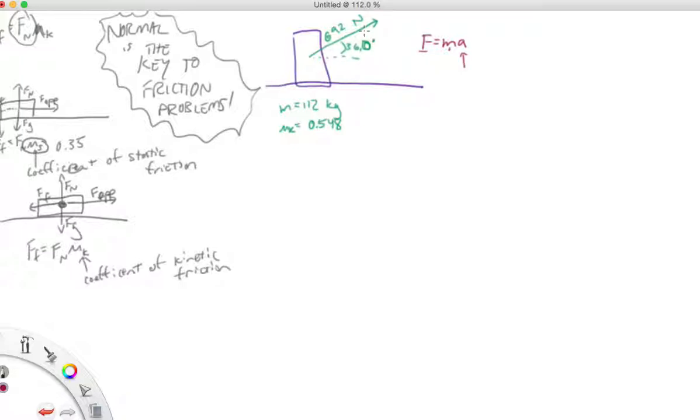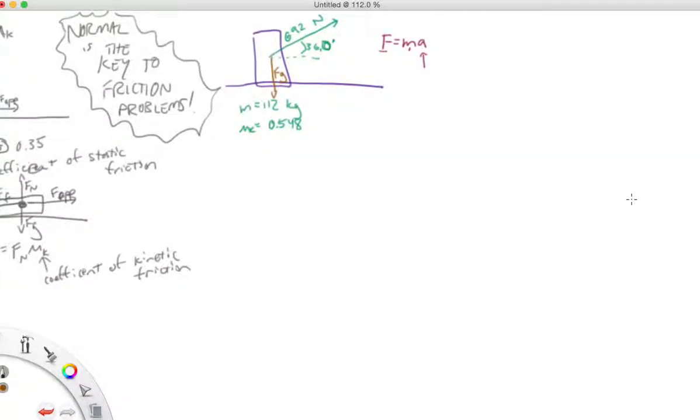So it said begin drawing with a free body diagram. Let's do that. Let's draw a free body diagram right here. Let's put in the other forces. So we know that there's force due to gravity, Fg. We know that there is a normal force, and we know that there is frictional force.